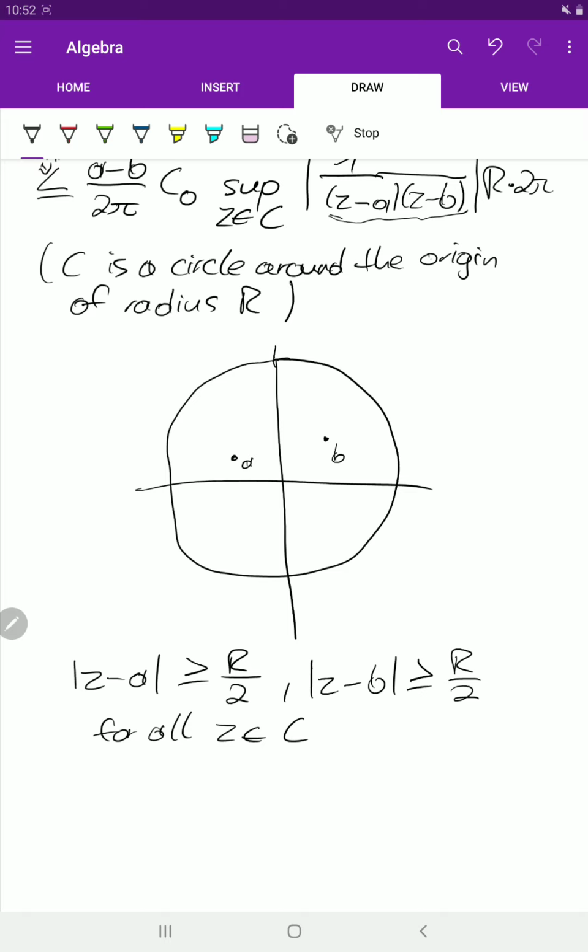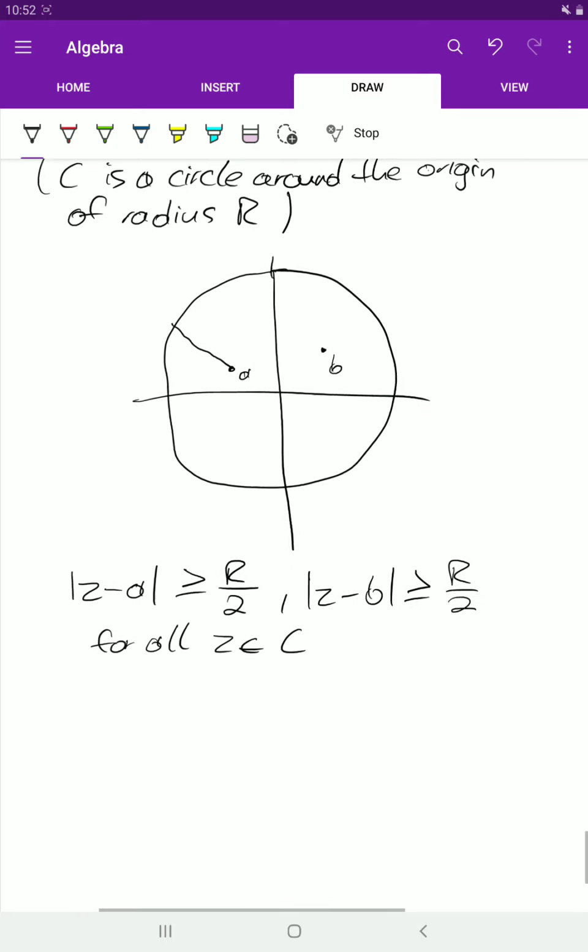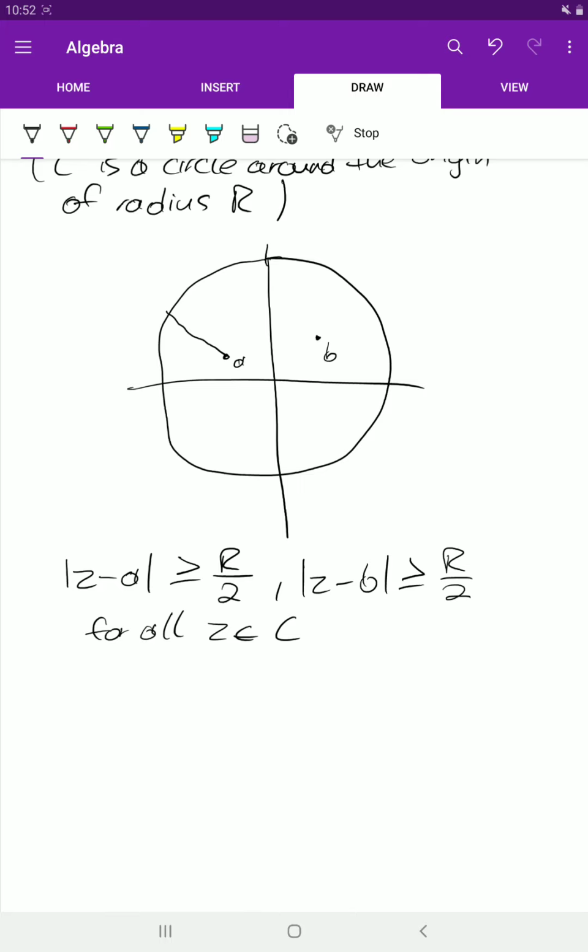So as we make the circle larger, we want this distance here to be large in comparison to the radius.